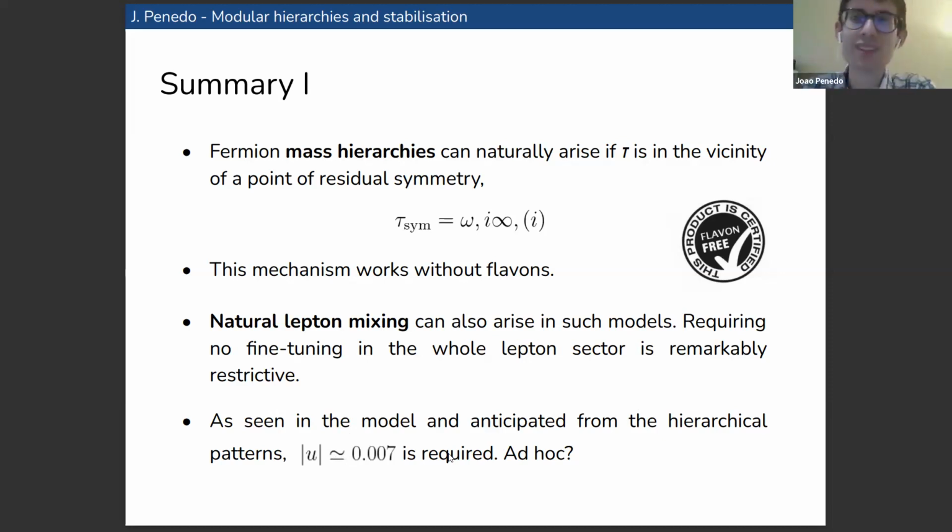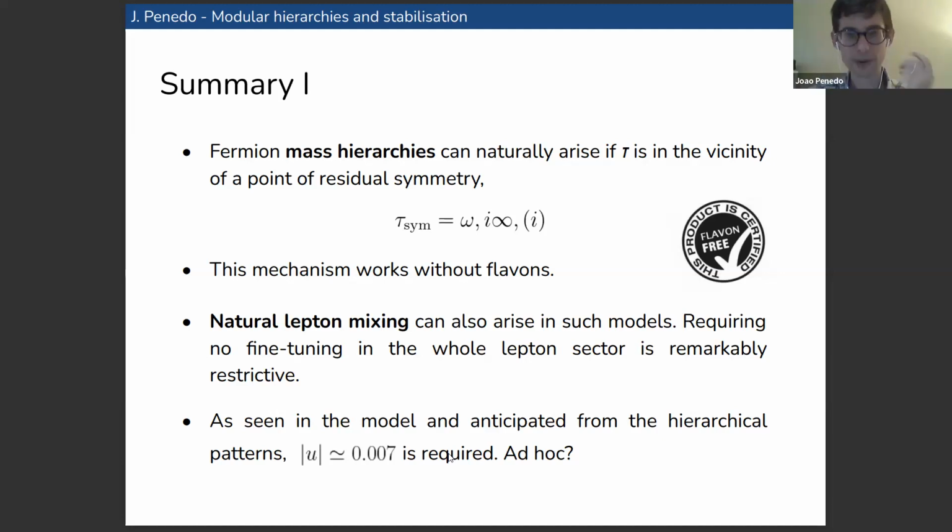So we are not happy, of course. What I want to tell you is that it's not necessarily the case, and there may be a dynamical reason for this small value of deviation. So for tau, taking a VEV close to a symmetric point.